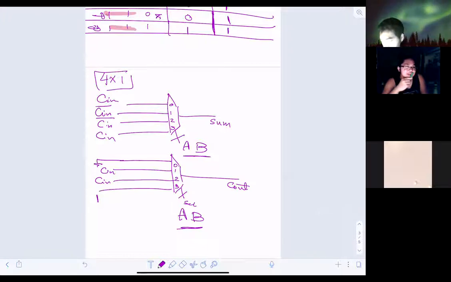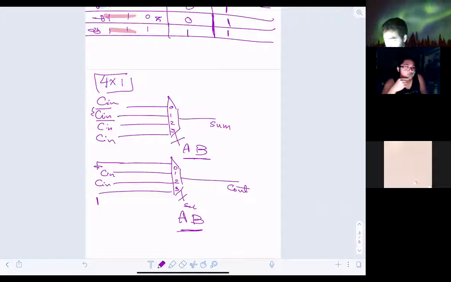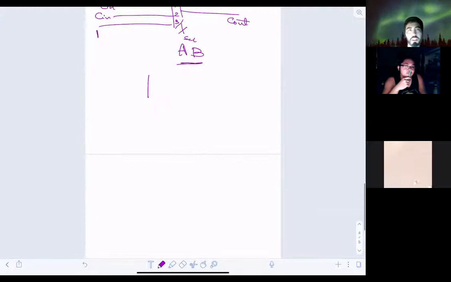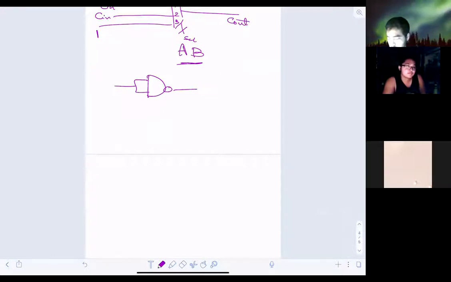You don't need, did you see any gates? Of course, if you need to make gates, you can use here something for the CN complement, right? You can use NAND gate. How can you make a NOT gate from NAND gate? Somebody remind me. So basically, you just take both inputs into a 2-input NAND gate for a NOT gate, right? Short the inputs. Yeah, is it correct? Daniel, do you think it's correct?